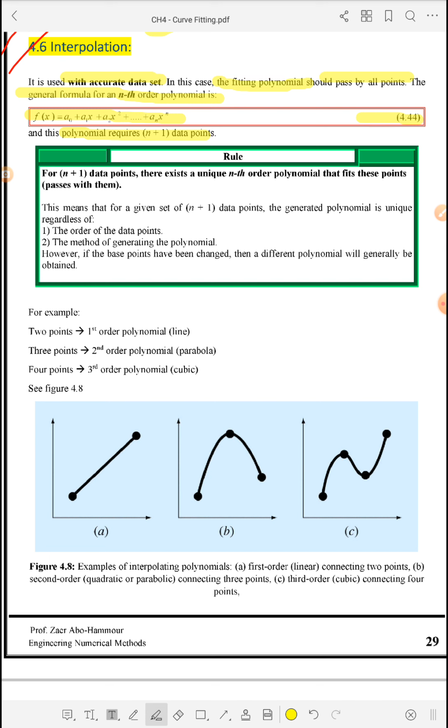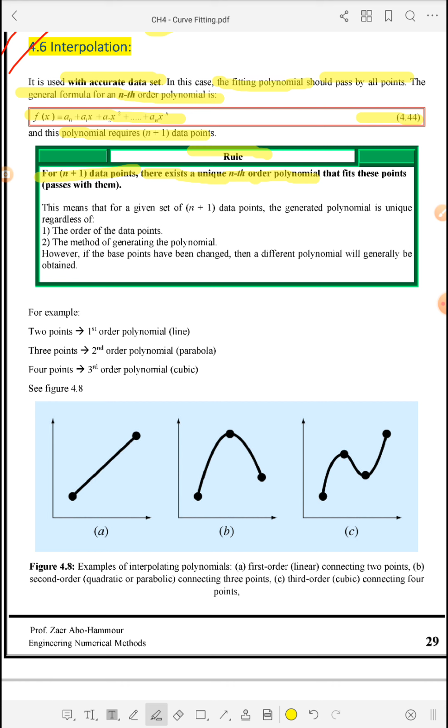Regarding the rule that's mentioned on this page, if we have n plus 1 data points, the rule says that there exists a unique nth order polynomial. So there is always a difference of 1 between the order of the interpolating polynomial and the number of data points.